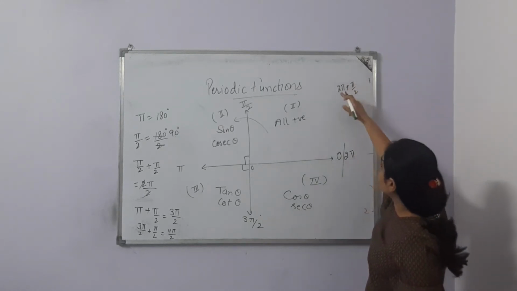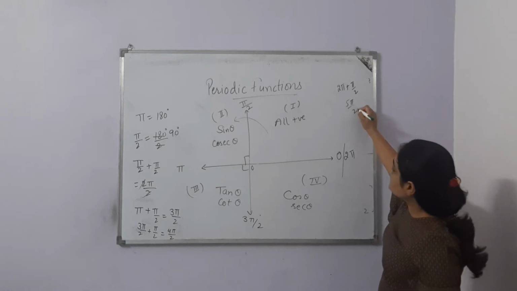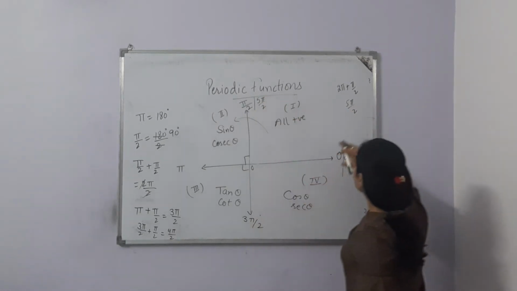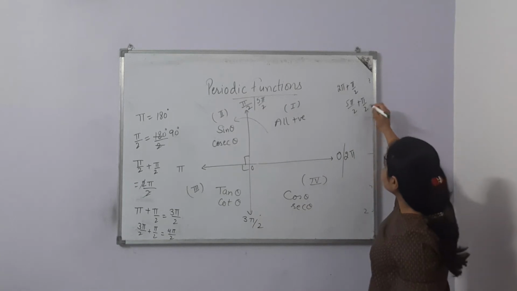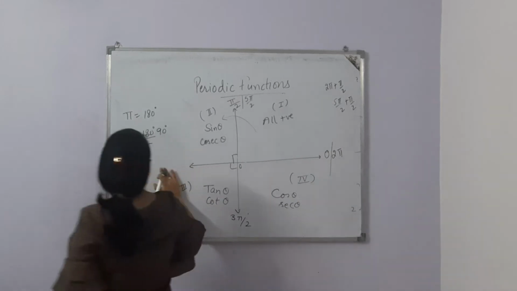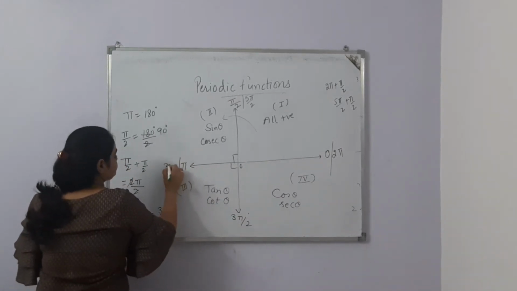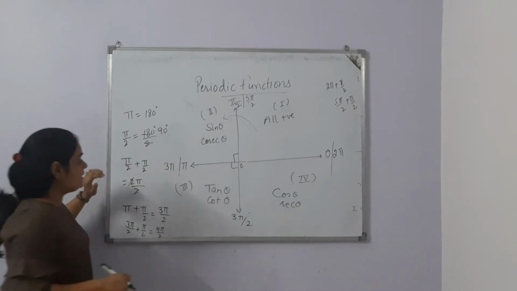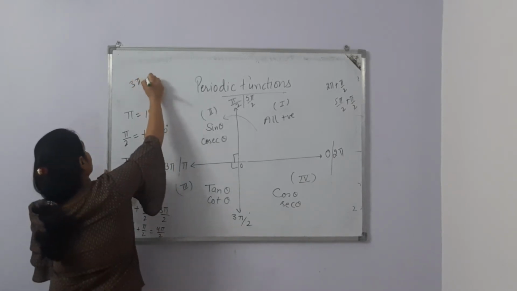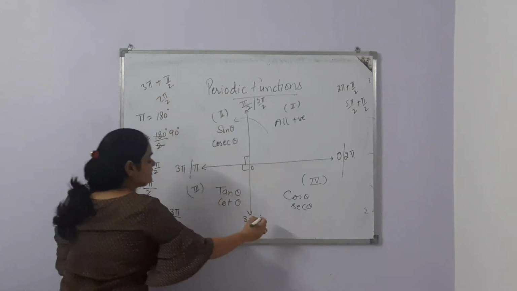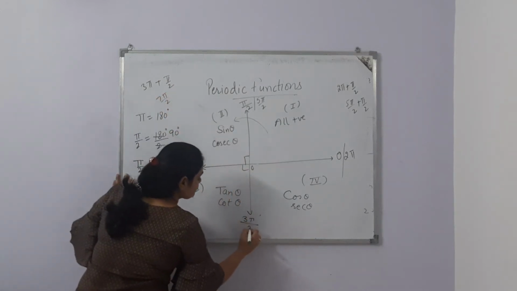Adding pi by 2 again, I get 6 pi by 2, which is 3 pi. Adding pi by 2 to 3 pi, we get 7 pi by 2.